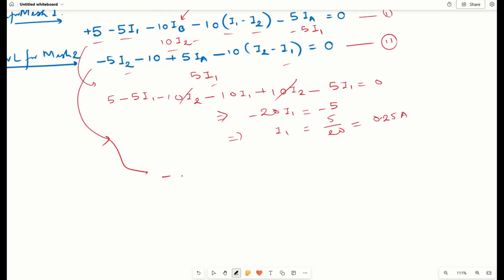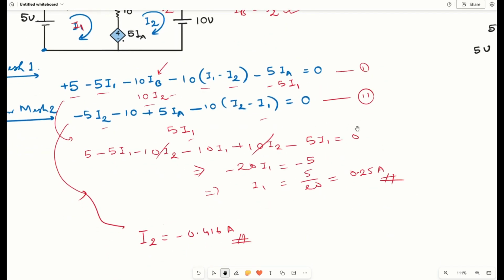So finally if we solve, I am just skipping the steps, so we get I2 equals to minus of 0.416 ampere. Okay, so we have the values of our current, right?